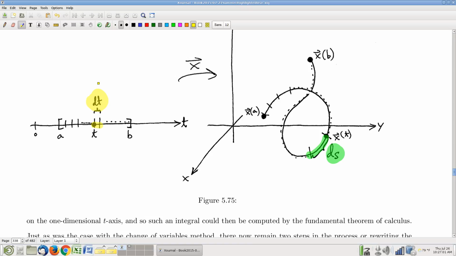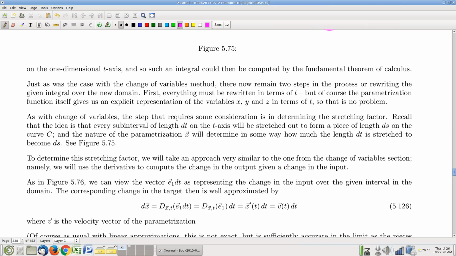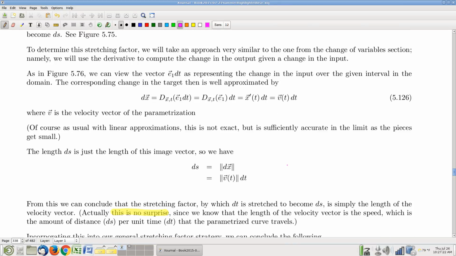So we made this observation that the ds scalar, the length of that little piece of curve, is closely related to the dx vector. Specifically, the magnitude of the dx vector is ds. So we just computed dx.